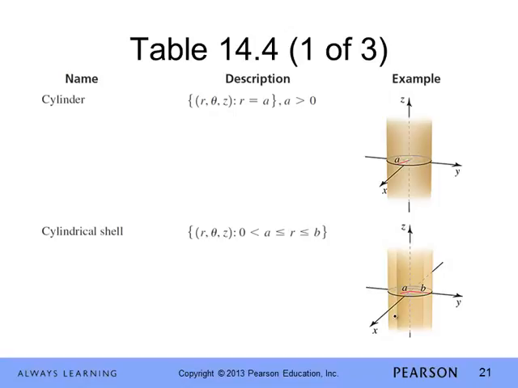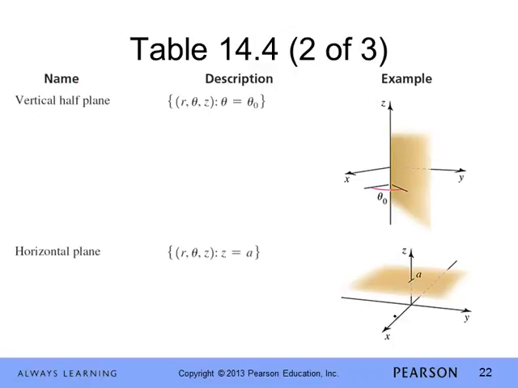A could be any positive number. You could have a cylindrical shell where r varies between two numbers. A is the smaller number, b is the larger number. So there is your surface in cylindrical coordinates. R is greater than or equal to a, less than or equal to b.